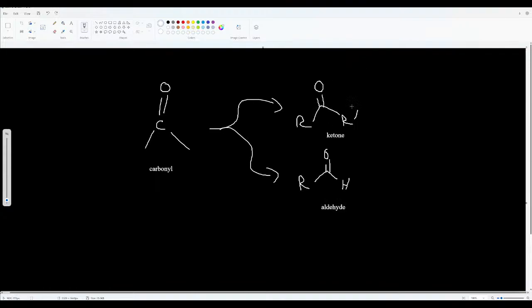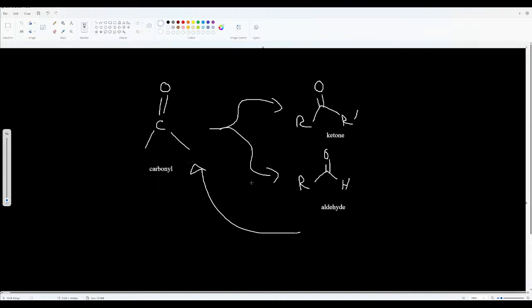The difference between ketone and aldehyde is that a ketone is in the middle of a molecule. Notice how it has two R groups, one R, one R prime. And then an aldehyde is at the end of a molecule. Notice how it has an H. So that's really the only difference. What is supposed to be emphasized, however, is that there's this double bonded carbon to an oxygen.